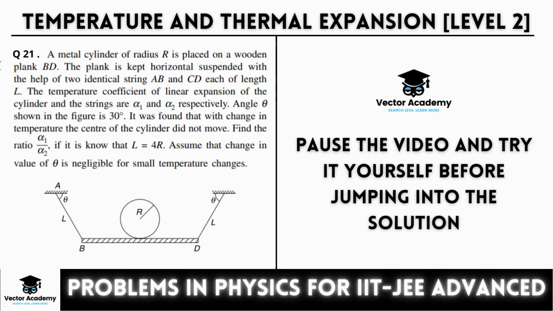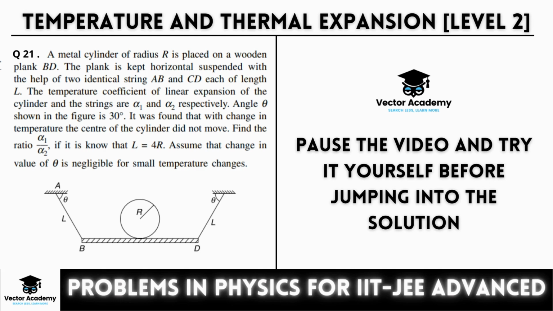Question 21. A metal cylinder of radius r is placed on a wooden plank BD. The plank is kept horizontal, suspended with the help of two identical strings AB and CD, each of length L. The temperature coefficients of linear expansion of the cylinder and the strings are α1 and α2 respectively.